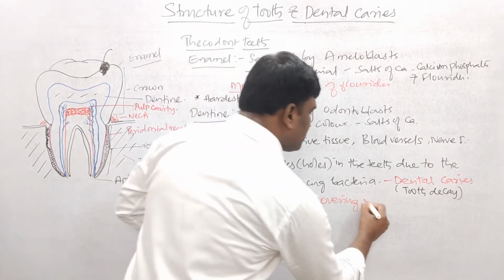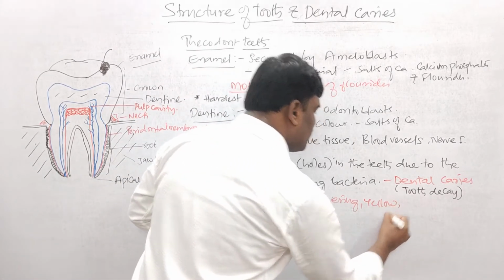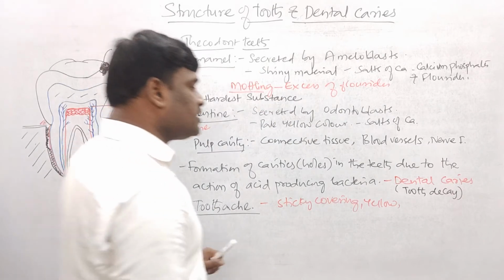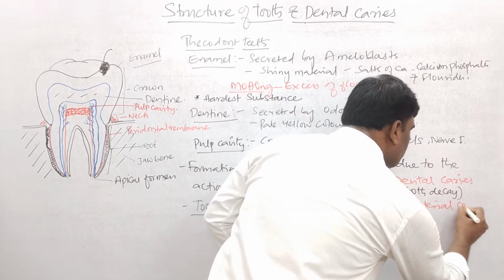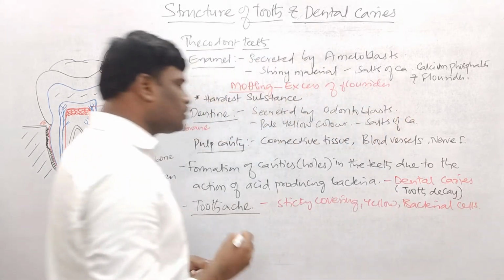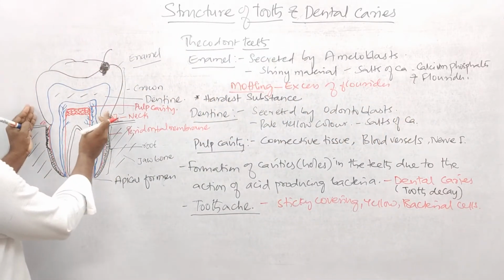Okay, which is yellow, children, and which consists of bacterial cells, children. It will form a layer.